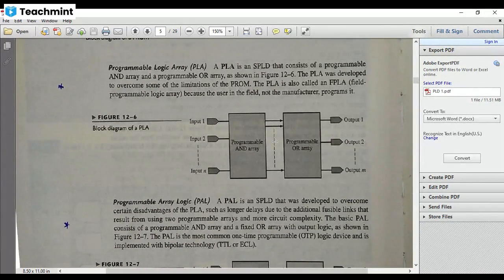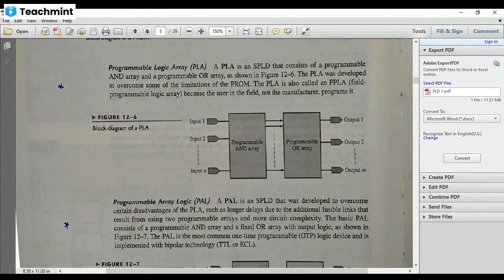He gives only the blank AND array and blank OR array in one IC, and the user in the field, depending upon his needs, programs the device, according to the logic circuit and the Boolean equations.